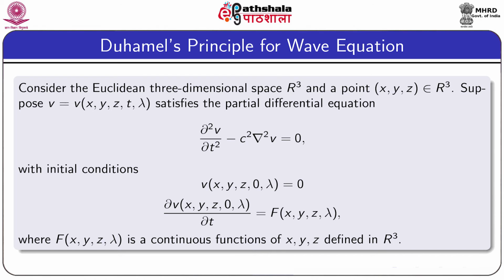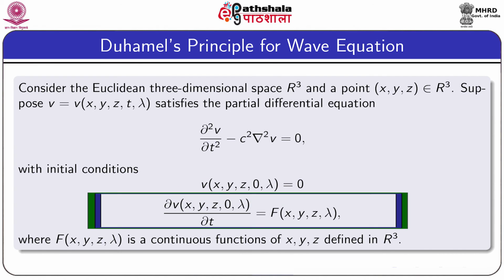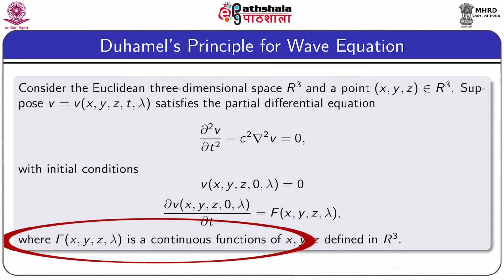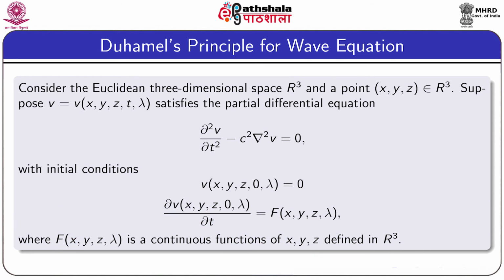That means V satisfies the homogeneous wave equation together with initial conditions V at x, y, z, 0, lambda equals 0 and del V del t at x, y, z, 0, lambda equals f of x, y, z, lambda, where capital F is a continuous function of x, y, z defined in R3.